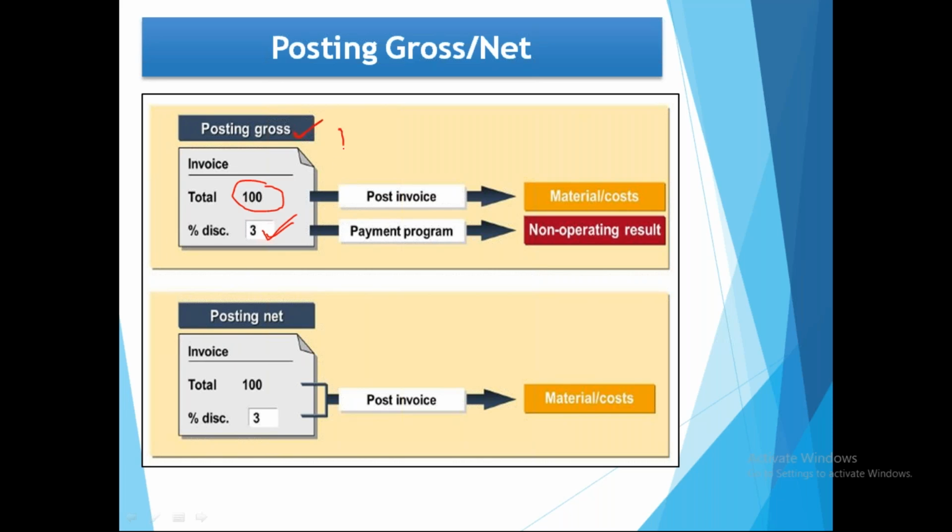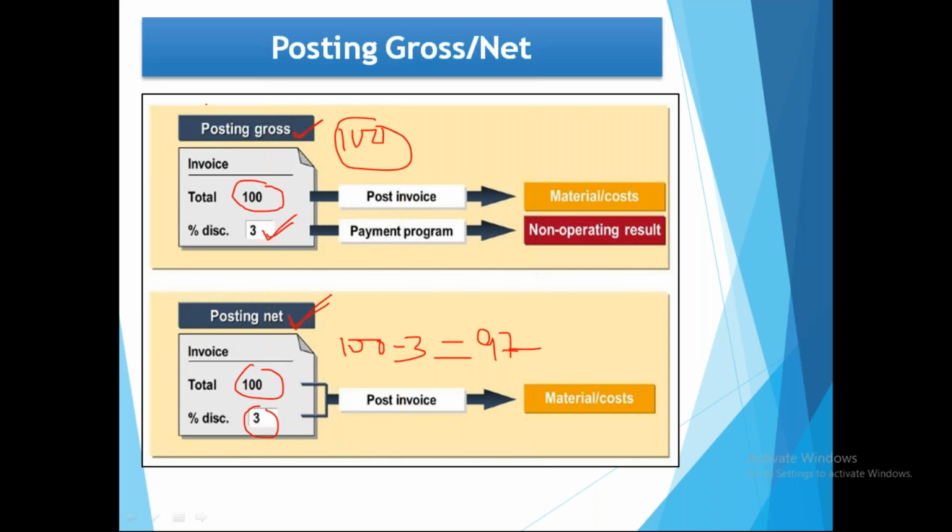You will be posting the total 100. Now let's say you want to post net value. Your invoice value is 100, and you are going to give 3%. So 100 minus 3, that means you will be posting 97, whatever euros or INR, whatever it is.